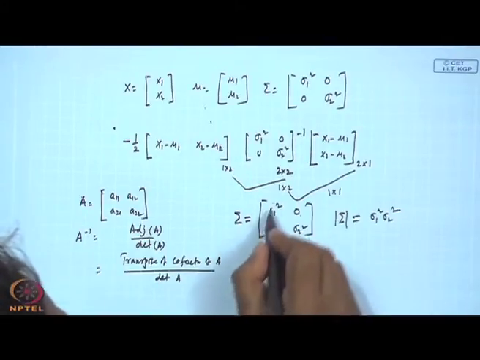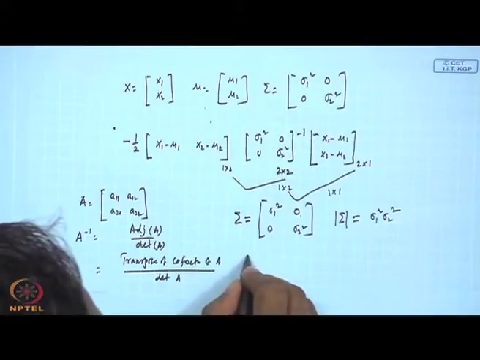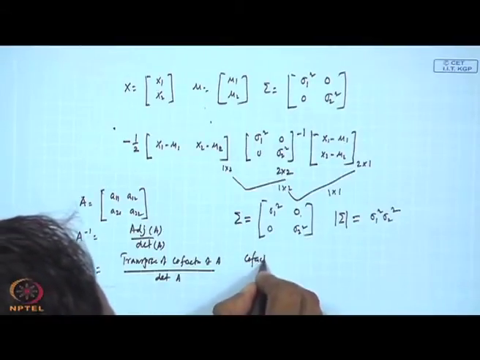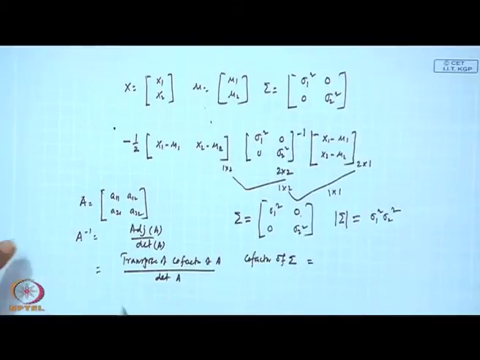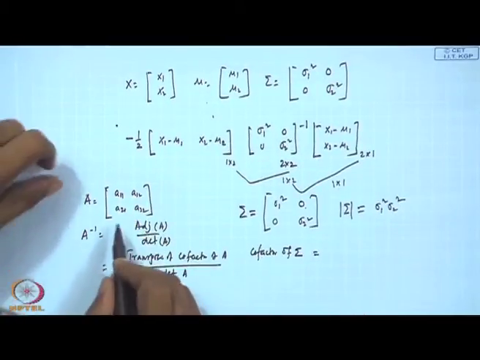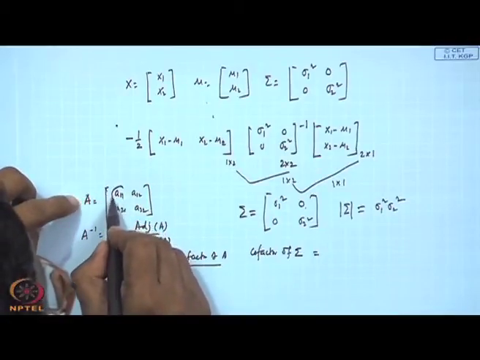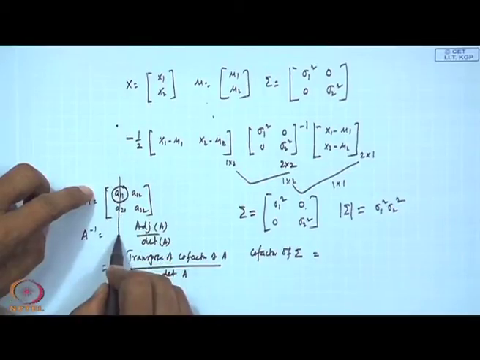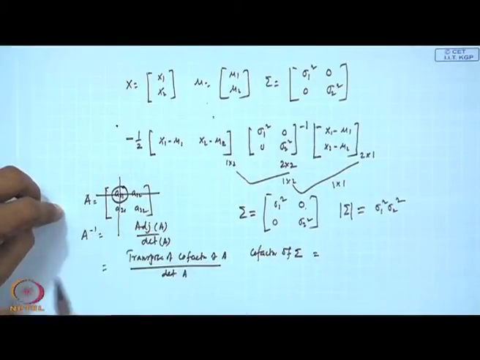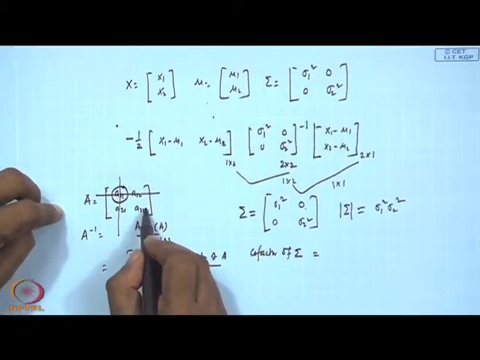Cofactor is, suppose I want to know the cofactor of sigma. If you want to see the cofactor of this element, then you have to cross out the corresponding row and column. What is left, that is the cofactor, but the sign convention will be there.